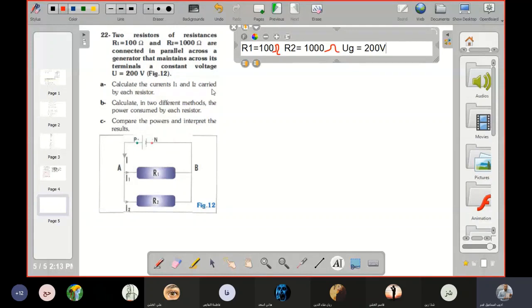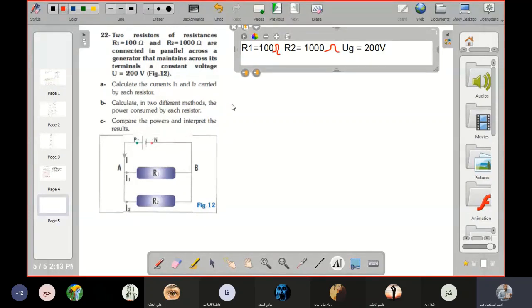This is part A. Okay, Fatima. I1 equal U over R1. Okay, but first, let's identify the voltages across R1 and R2. How? Because they're connected in parallel.